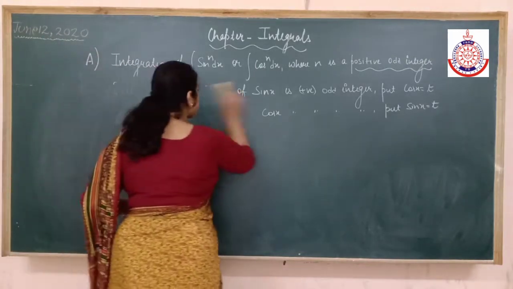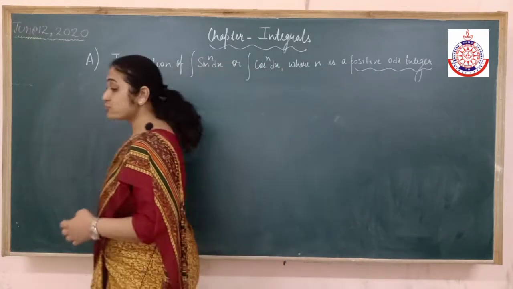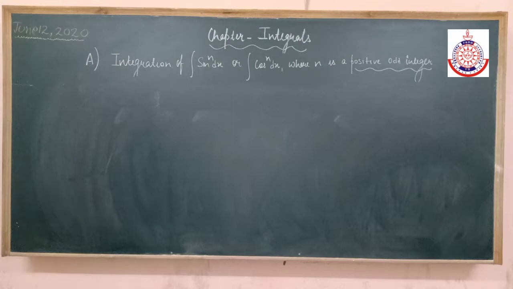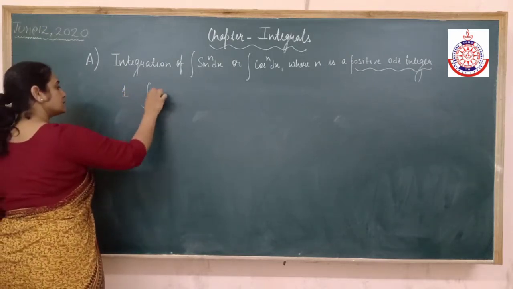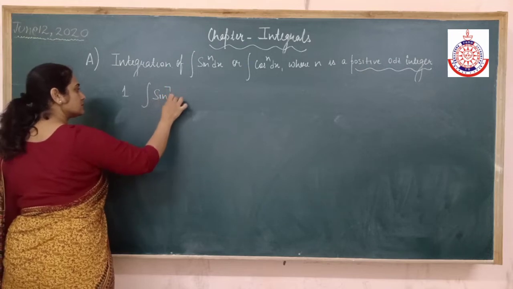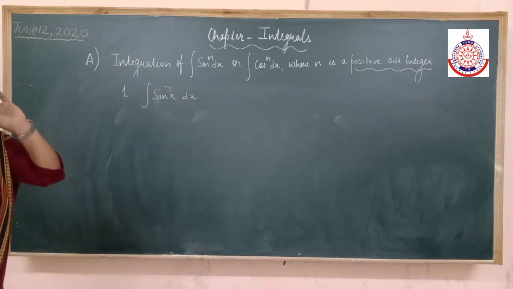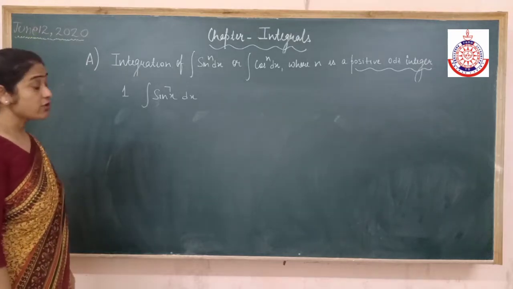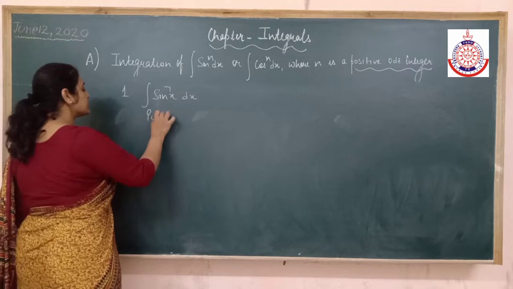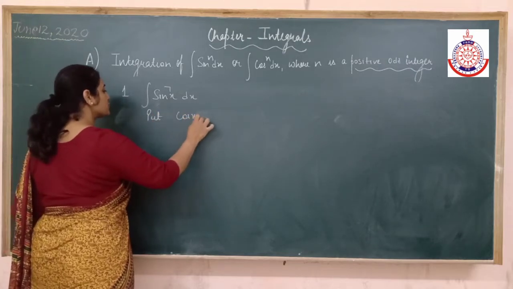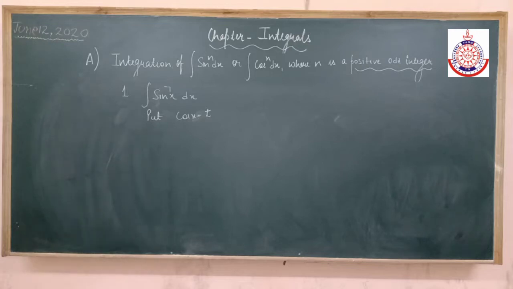Let's pick up some example. Suppose I have to integrate sine raised to power 7x dx. So now I have an odd power of sine. The first rule says, put cos x equals t.